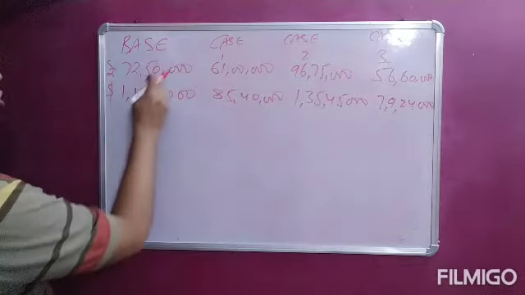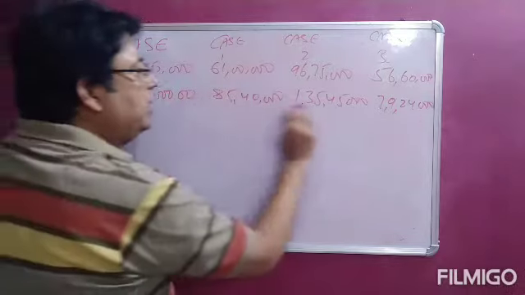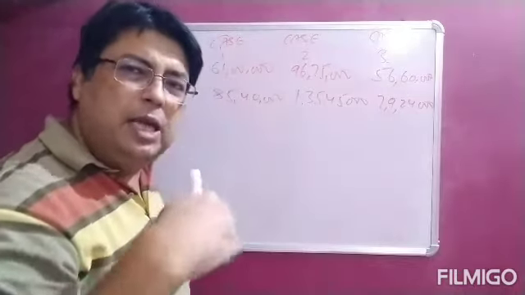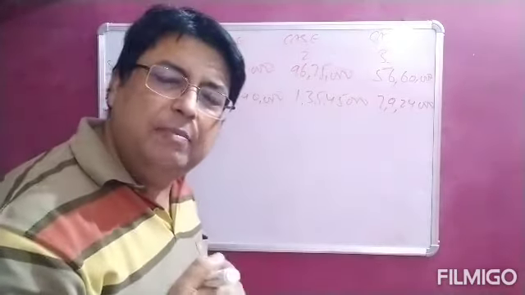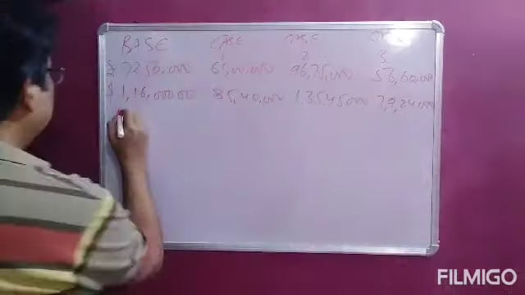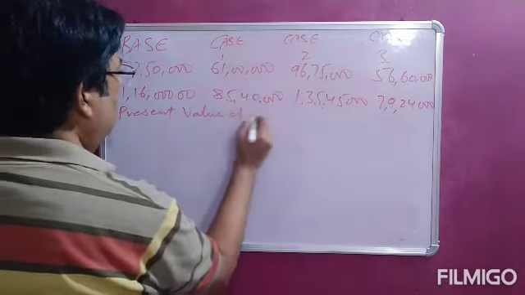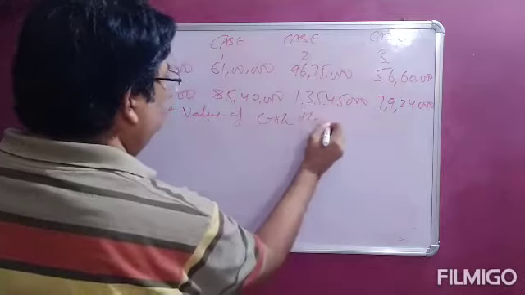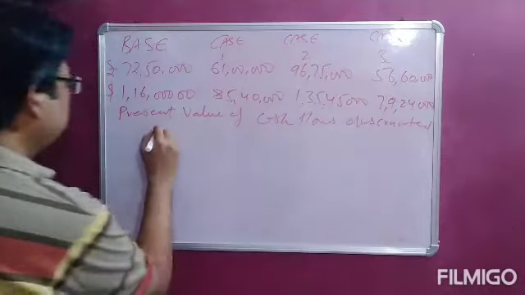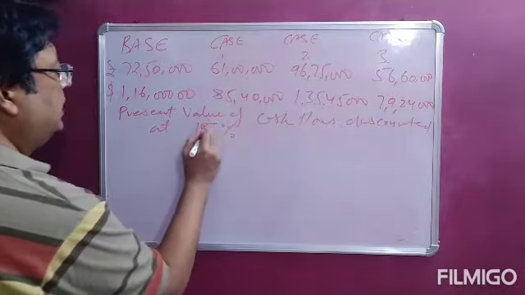Now the present value of these, as we are assuming that this will be the same for the coming 4 years. So the present value of these cash flows, if we discount them at a 15% discount rate, I am writing here, present value of cash flows discounted at 15%.